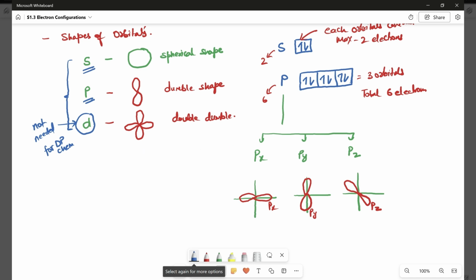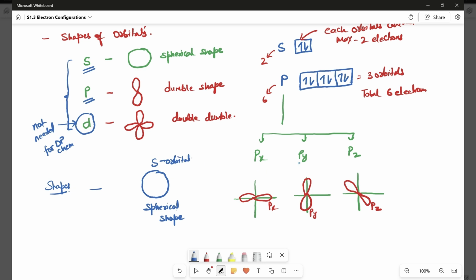So we have understood the shapes, and s orbitals have a spherical shape, right? So the questions based on the shape, you can say this is the s orbital, and there are 3 p orbital shapes: px, py, and pz.